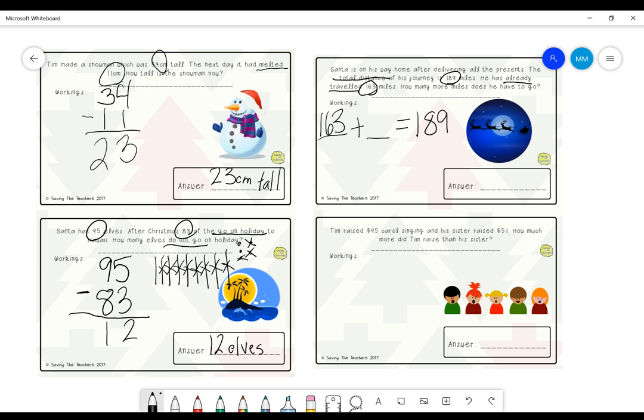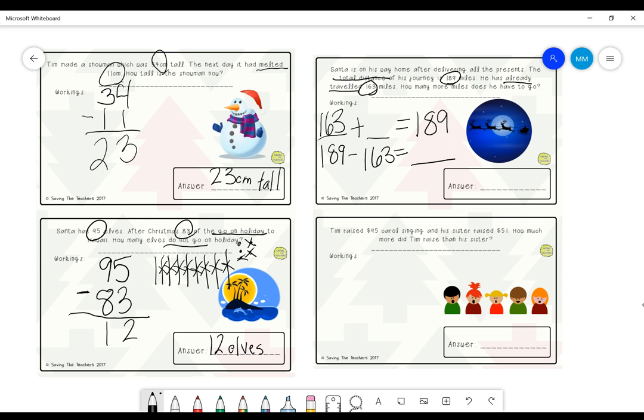So just like we talked about in number families, in fact families, I'm sorry guys, when we have an addition equation with 2 parts and a whole, we can also find a subtraction equation using those same parts and whole. So with our subtraction equation, we are going to start with our whole and take away the part that we know to find how many miles Santa has left.